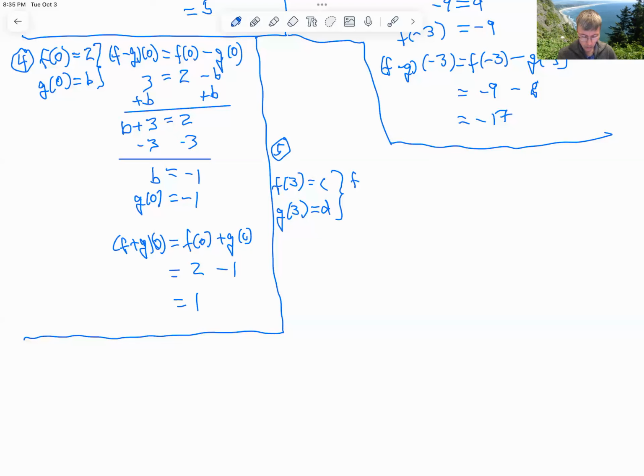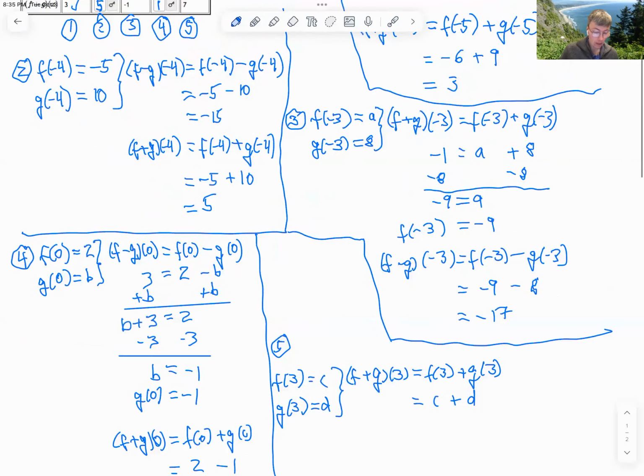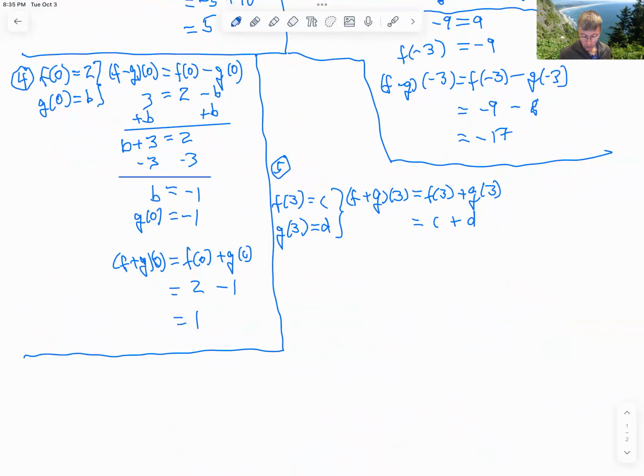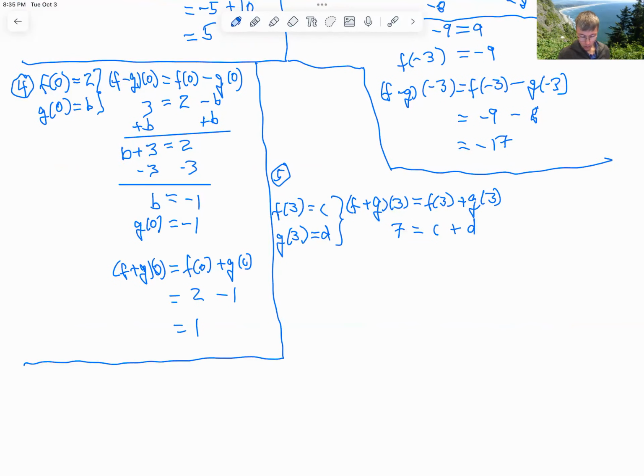I'm going to go with f plus g of 3, which is f of 3 plus g of 3, which is C plus D. And on the left side, again, our table tells us that f plus g is 7. So we have 7 equals C plus D.